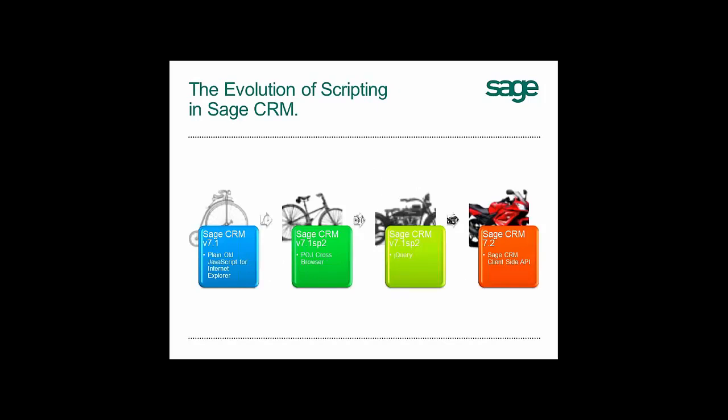Now we're obviously getting to the point where we're going to do some proper writing, proper work. So let's actually put what I'm starting to show you into some form of context. Back in version 7.1, which is still a supported version of CRM, we're supporting 7.1, 7.2, 7.3, but 7.1, the very early version, doesn't support any other browser other than Internet Explorer.